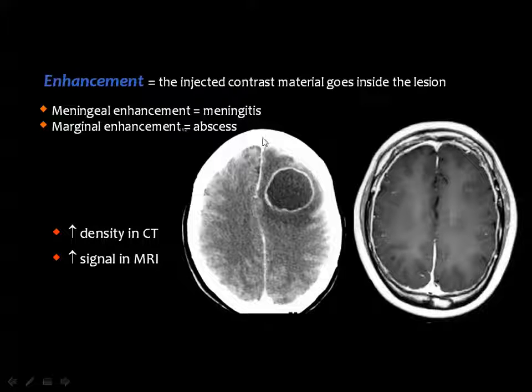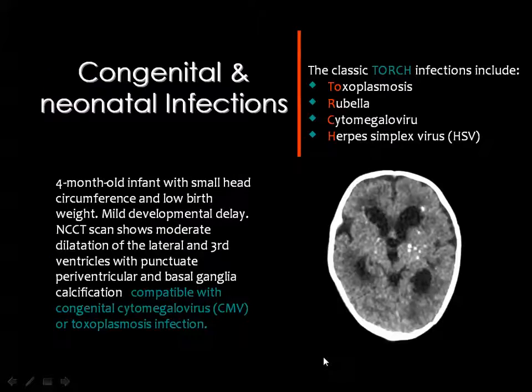Then whenever you get a lesion with marginal enhancement of uniform thickness, you assume you are dealing with an abscess. Then to start the discussion, we'll have first to discuss the congenital and the neonatal intracranial infection.